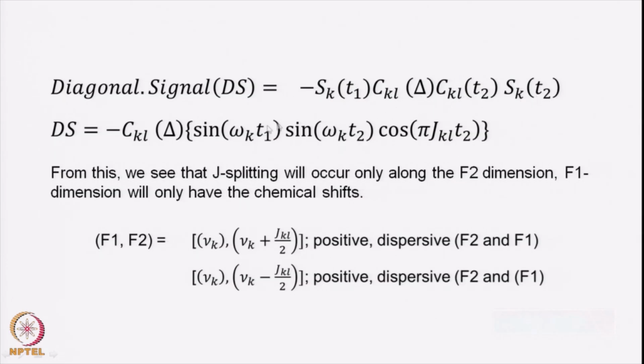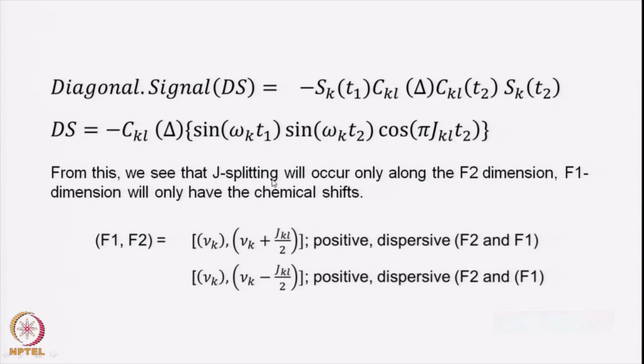Now if I expand this, I have here CKL delta, keep out this constant part which is an amplitude modulation as I said, and this will be sin omega k T1, explicitly writing now, sin omega k T1 and sin omega k T2 cosine pi JKL T2, that is this one here.